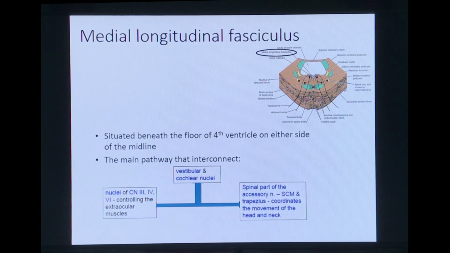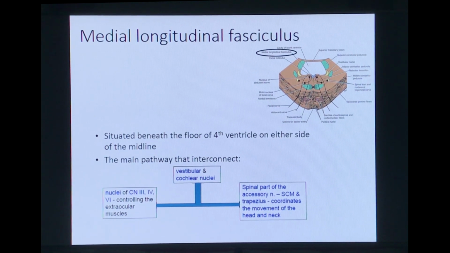It is the main pathway that connects the vestibular and cochlear nuclei with the nuclei which supply the extraocular muscles. The extraocular muscles are superior rectus, inferior rectus, lateral rectus, medial rectus, superior oblique, and inferior oblique.